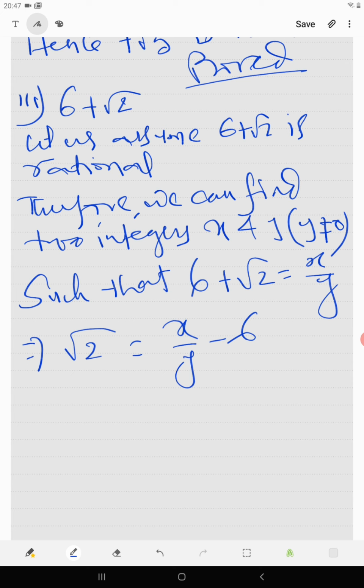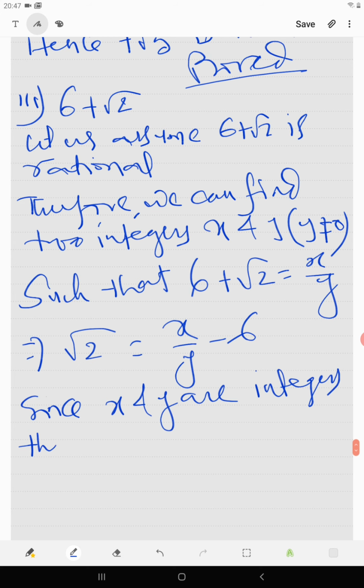We know that. So since x and y are integers, x by y minus 6 is rational.